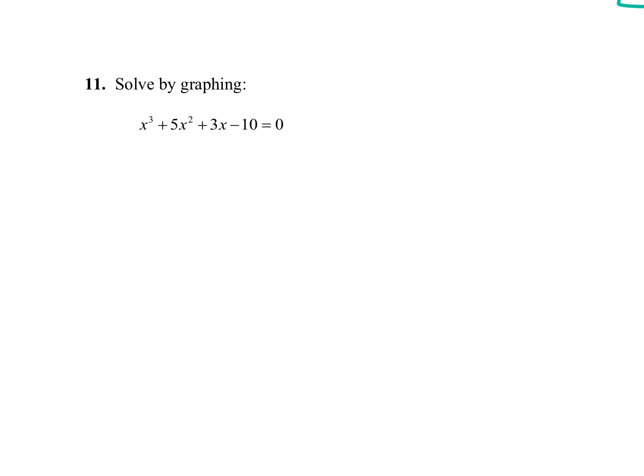So you're going to go second, trace, intersect 5, enter, enter, enter. And you get 1.06. Okay, there are 3 solutions. Only 1 is a real solution. The other ones are imaginaries. Any questions on that?